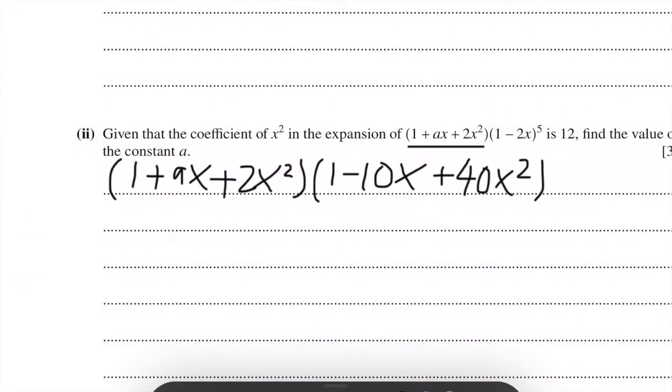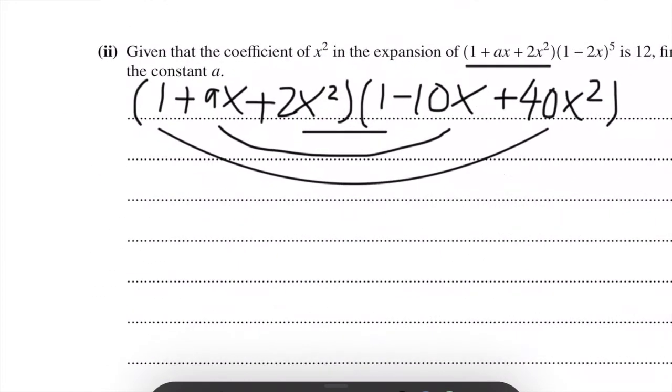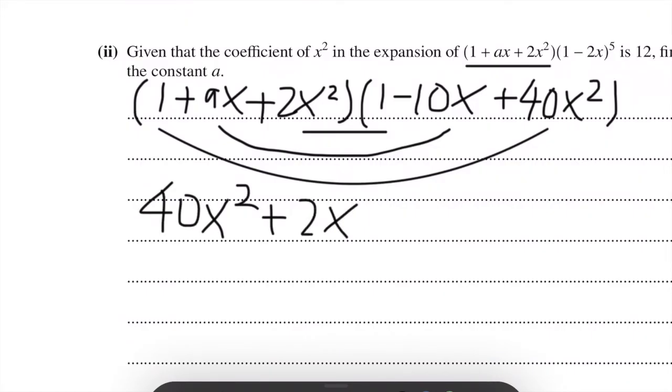Now you will calculate the coefficient of x squared, so you will need to multiply 1 with this, ax with this, and 2x squared with 1. You will get 40x squared plus 2x squared minus 10ax squared.